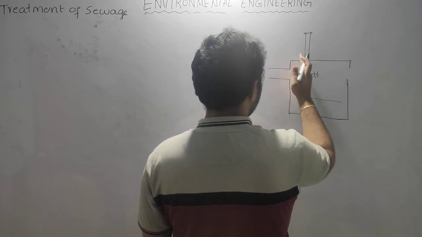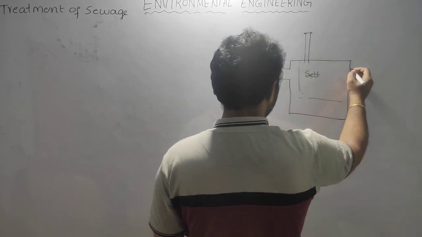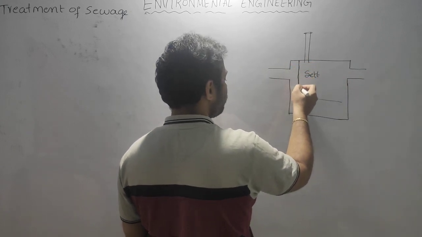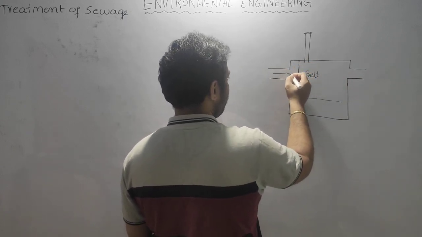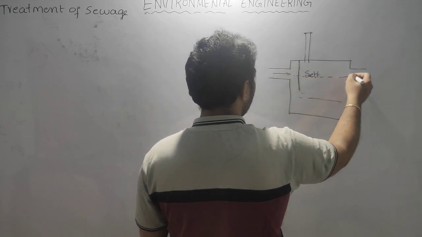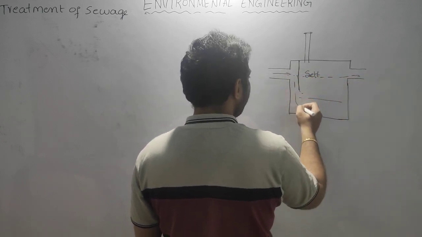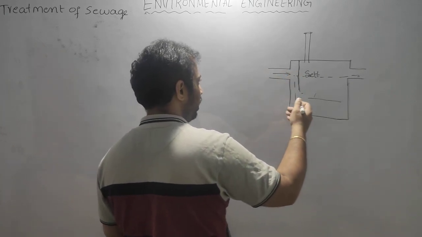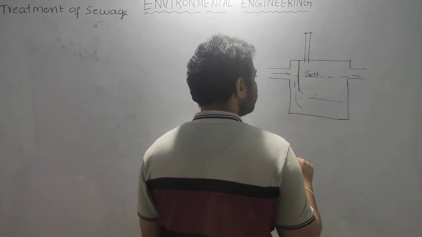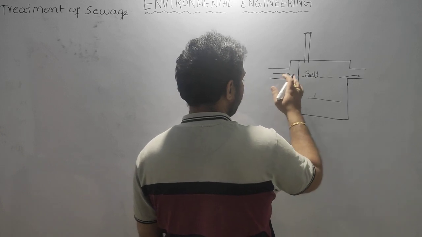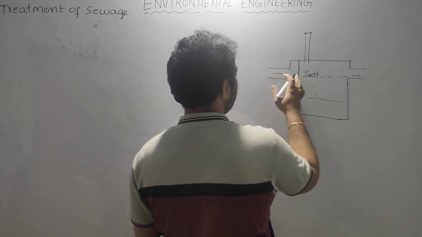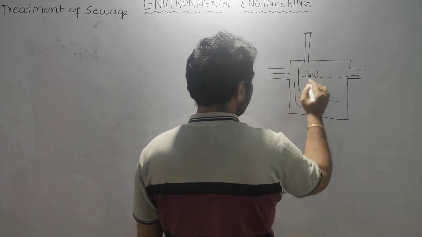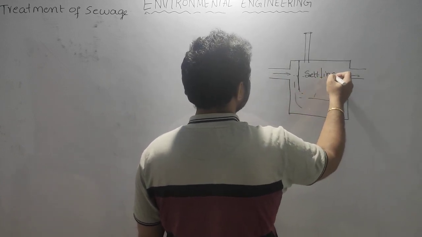We will construct a baffle-like arrangement, because if you don't construct this wall, the sewage entering will go directly to the outlet without moving through this settling chamber. In order to divert it into the settling chamber, we need an obstruction like this. Then the sewage, the sludge, will enter the settling zone.